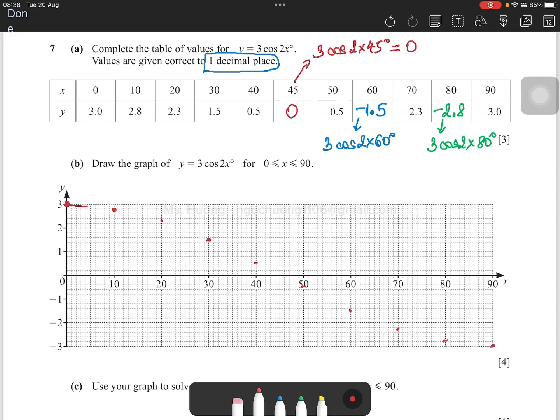So we use a curved line to join these red points together.